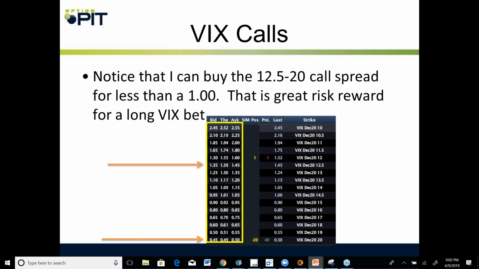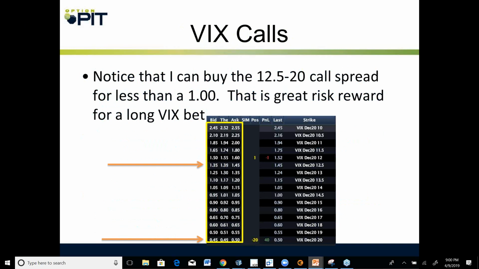So here's an example. This is from December 2017, December 2018 options.